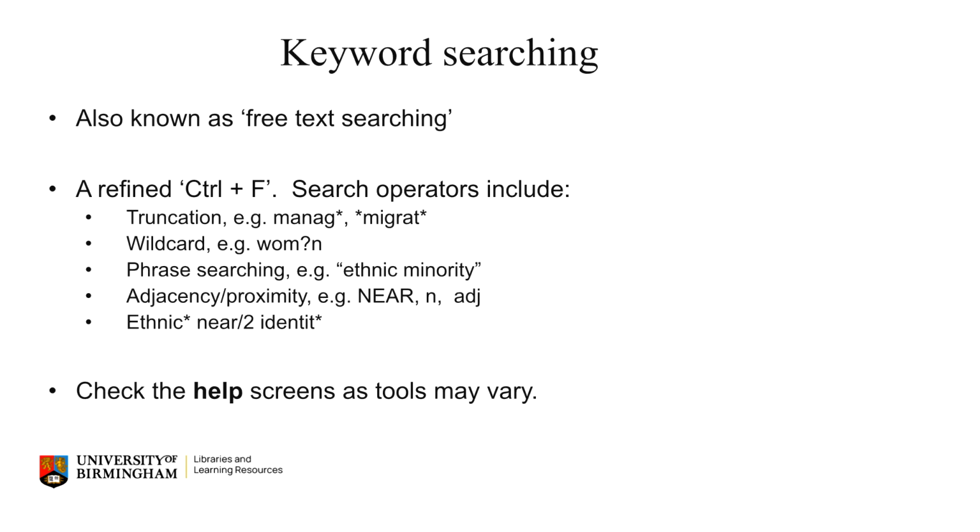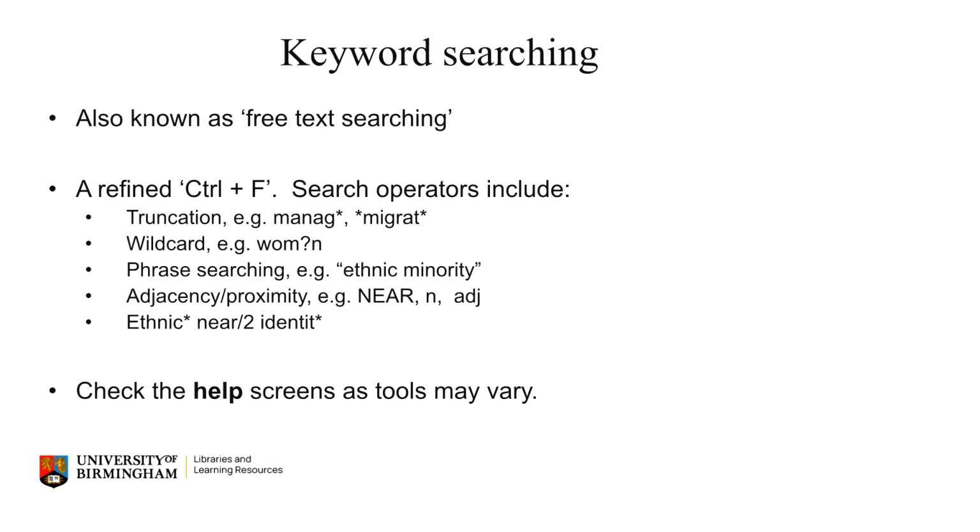Keyword searching is sometimes called free text searching and is somewhat like a Control F type of search, where you're searching for a string of characters. To help take into account variations in spellings and endings due to singular and plural terms and UK and US spellings, bibliographic databases offer several search tools. The first is the truncation symbol, usually an asterisk.